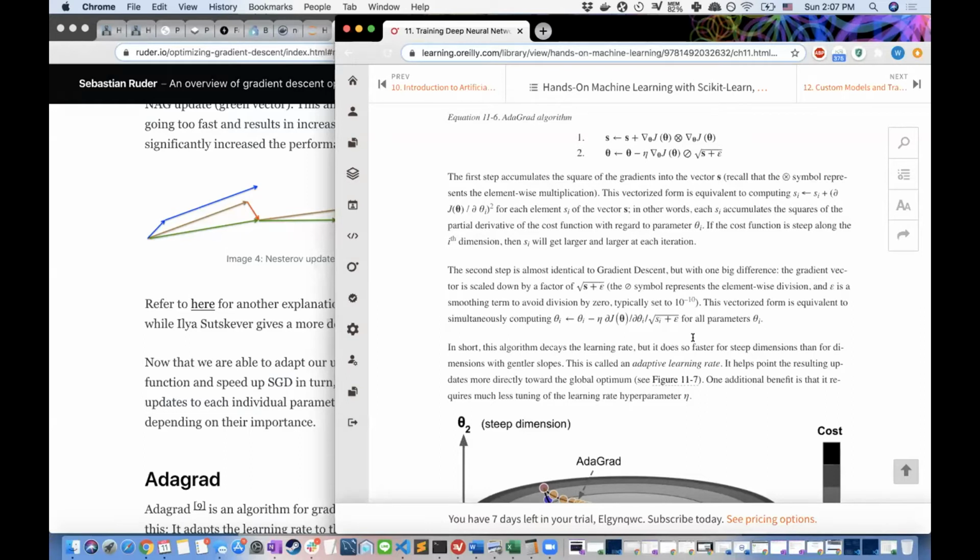And then you're dividing by the square root of S plus epsilon, which is nothing but the square of those gradients that is still there in the equation. Equation 2 basically shows you the vector or matrix form, whereas the theta i one is just showing each element, what is going to happen for each weight, for each parameter. Does that make sense?